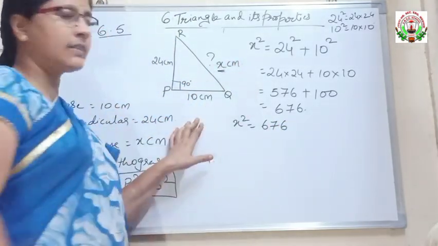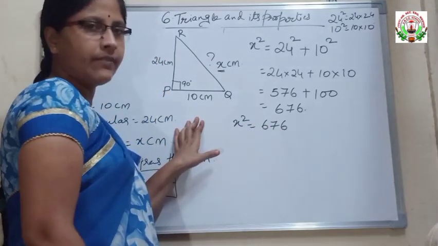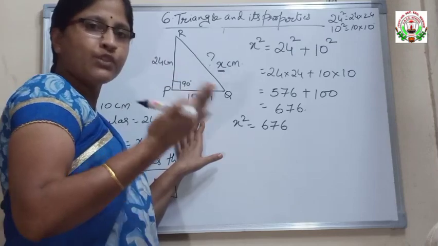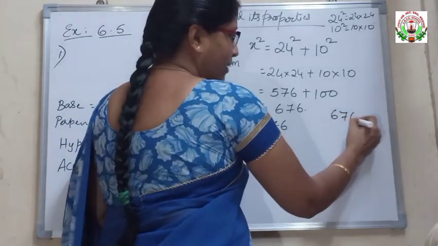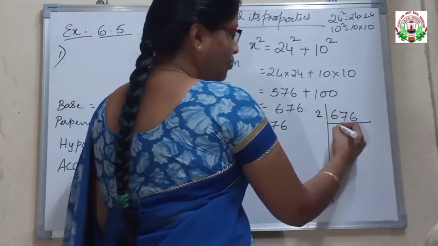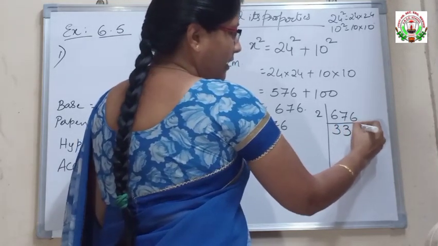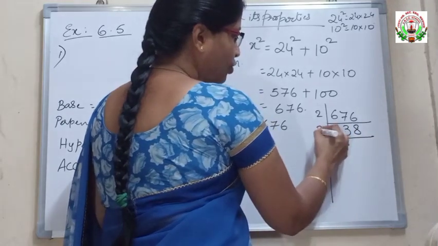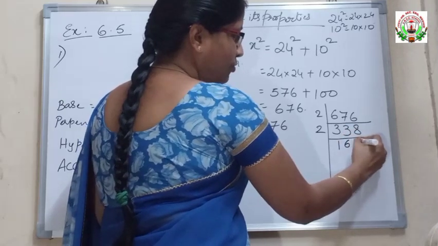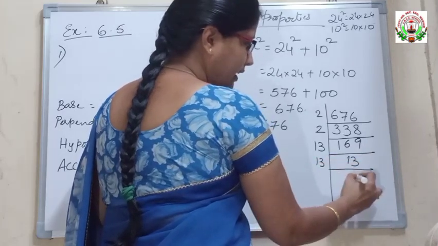We have to find x centimeters, and we have got x square as 676. Let us write this 676 also in the form of squares. For that, find the prime factors of 676. 2 twos are 4, 2 threes are 6, 2 eights are 16; next 2 ones are 2, 2 sixes are 12, 2 nines are 18; next 13 thirteens are 169, 13 ones are 13.